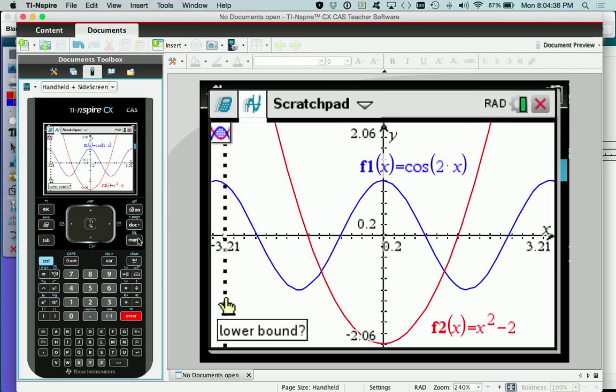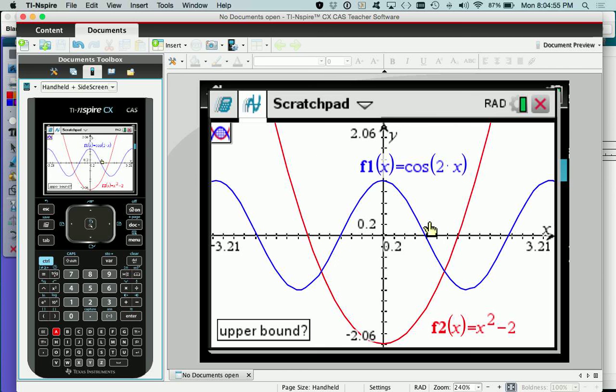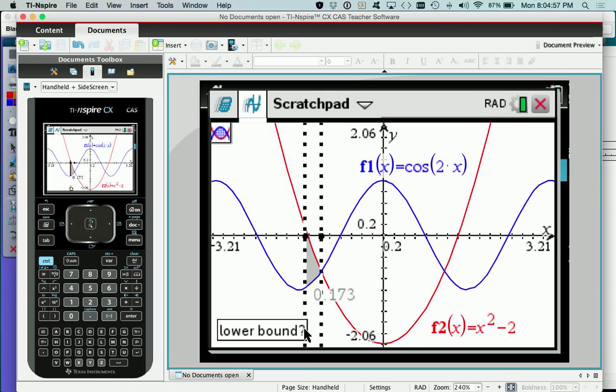Actually, sorry, in this case I may as well take negative A. Let's try this, negative A. Yep, that was fine. It remembers my negative A. And my upper bound is going to be over here at positive A.